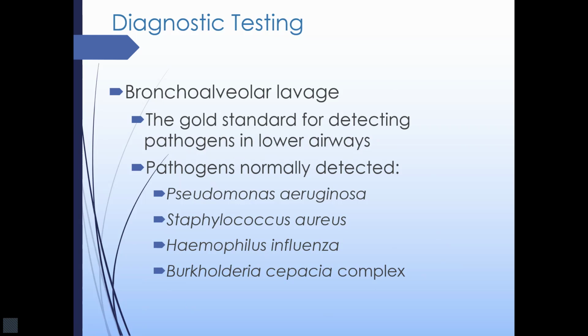Cepacia used to be almost untreatable, a colonization that was pretty much a death sentence, and patients were most of the time left off transplant lists. But that has changed with better antibiotics and treatments. Our CF patients will definitely be colonized with lots of different organisms, so it's good to know what they're carrying so that if they get sick, we can treat them better.